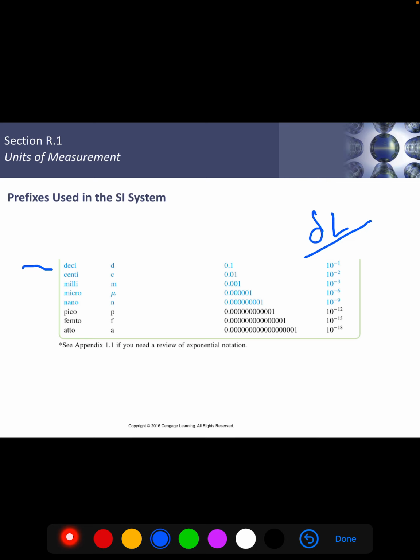Centi is 1/100th, 0.01, or 10 to the minus 2, and we'll be using these two systems for writing fractional numbers, both the decimal and the exponential, or scientific exponent, or powers of 10 form. And as you'll see in just a minute, there's a very good reason why we do this.